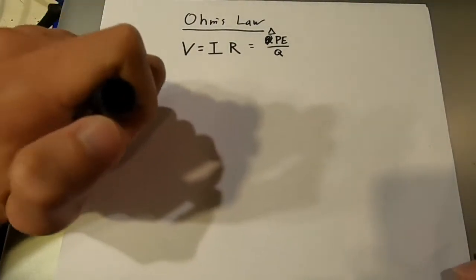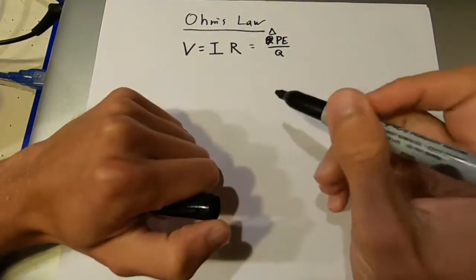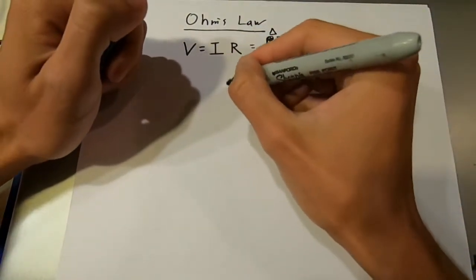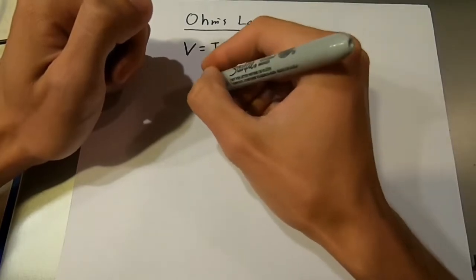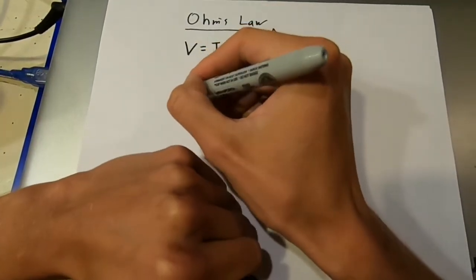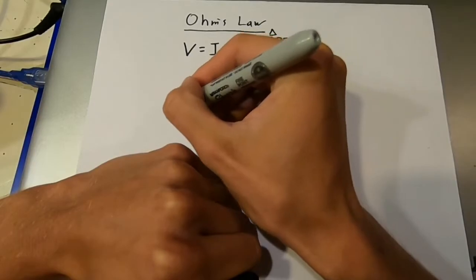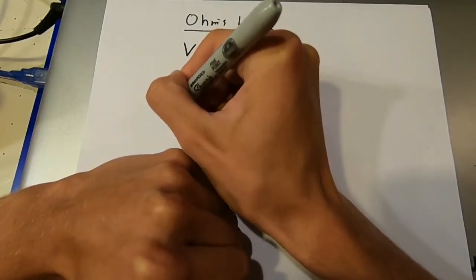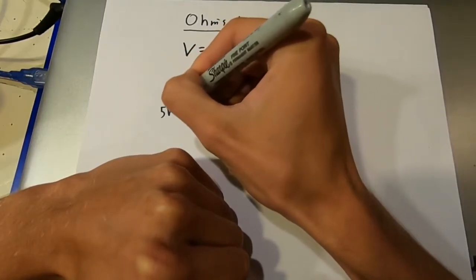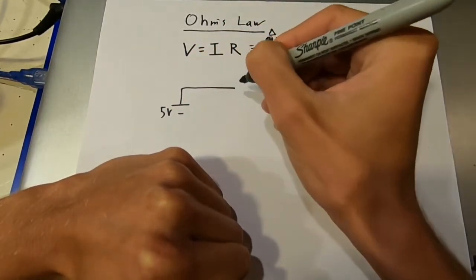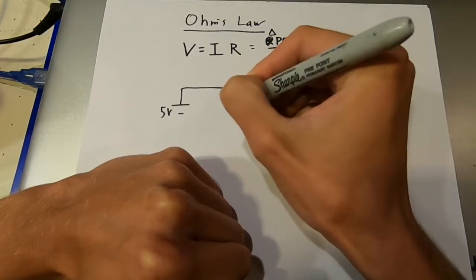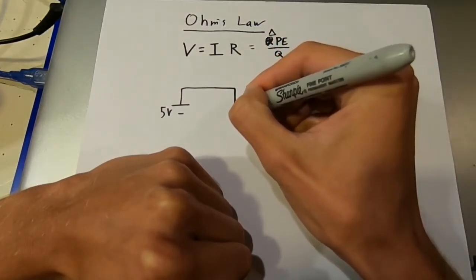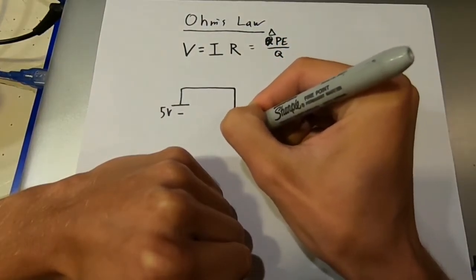But anyway, basically what this is saying is that across a resistor, so if we draw a basic circuit here, we're going to have a 5 volt power source, then a resistor here.